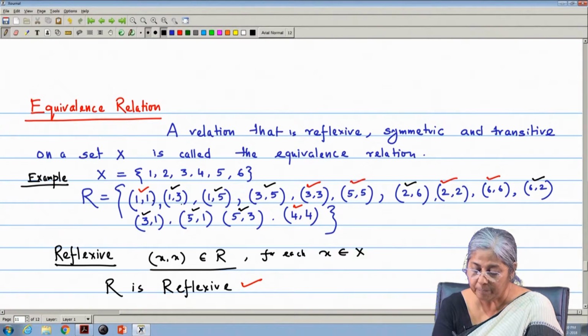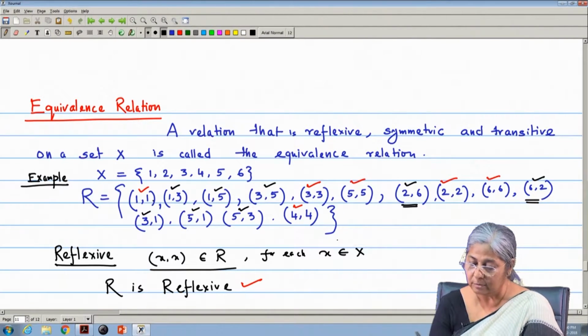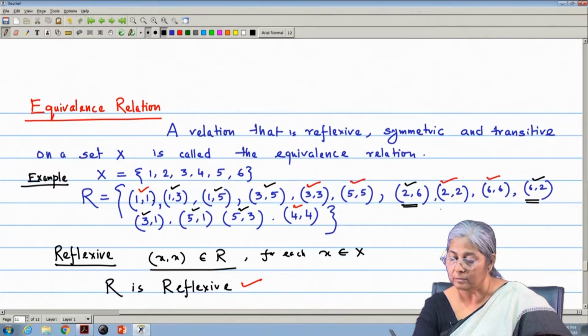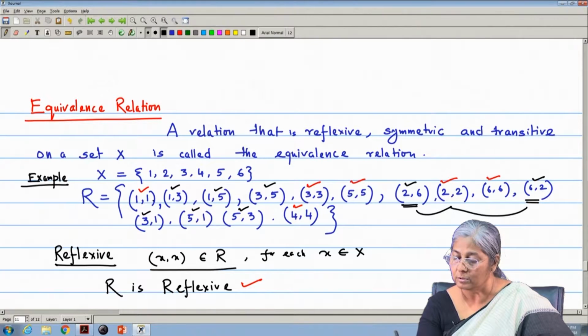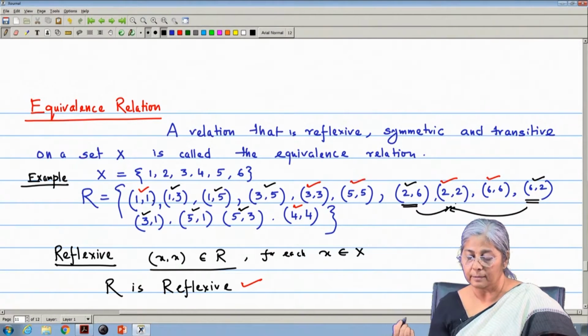We do not have any other such cases. Then (2,6), (6,2): (2,2) is there.